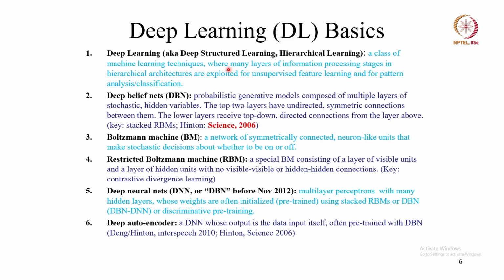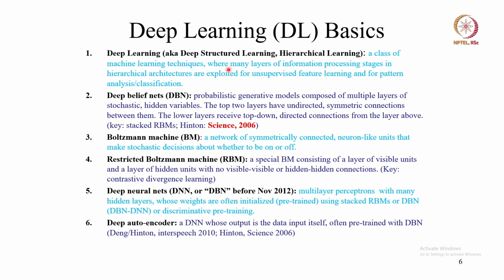The nodes from one layer are connected to nodes from another layer, but nodes from the same layer are not connected to each other. So you have many layers, and these many layers are exploited for some type of feature learning, and after that is done, pattern classification is carried out.